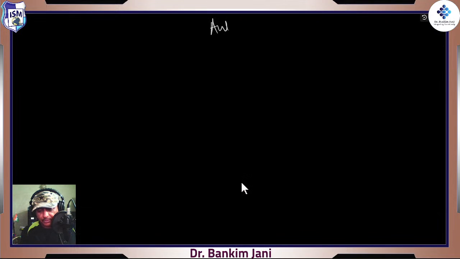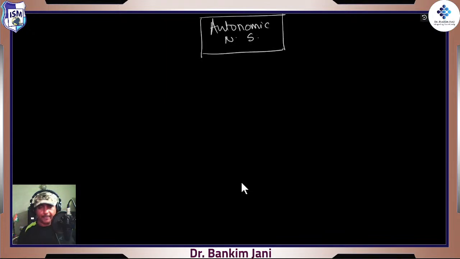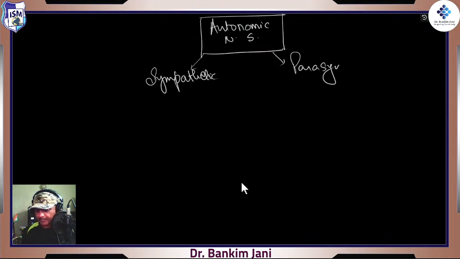For the autonomic nerves, autonomic nervous system, we divide it into two parts, right? Sympathetic and parasympathetic, right? For this area, it is the sympathetic chain, right? Sympathetic chain.